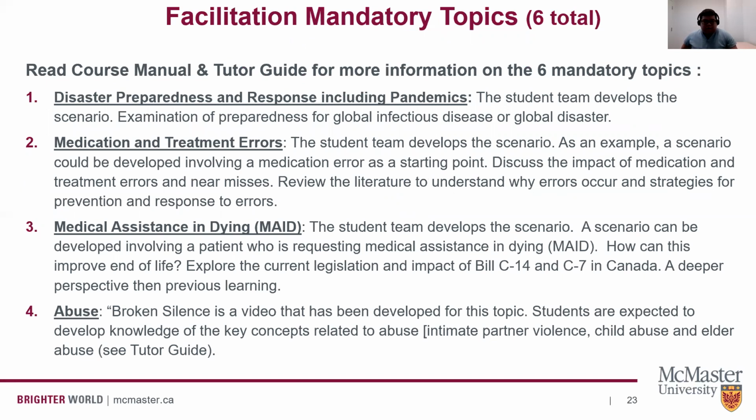So the first being disaster preparedness and response, including pandemics. You could probably imagine that's a relevant topic given the current events. Now, it doesn't have to be on pandemic response. It can also be on disaster preparedness, which is a very specific and different aspect of things.